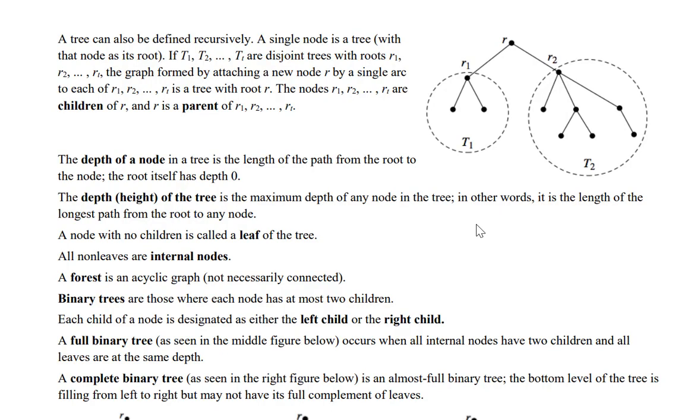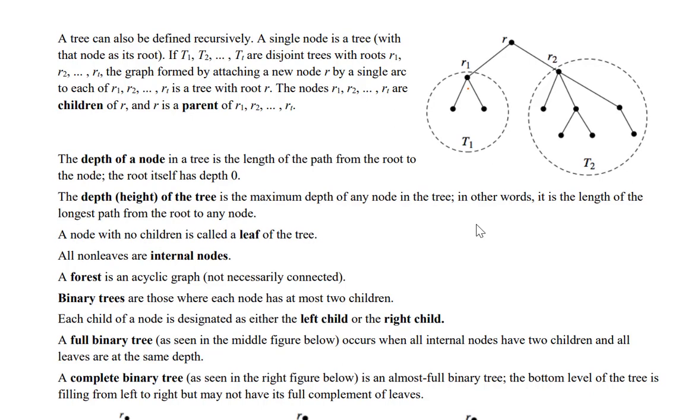So here a tree can also be defined recursively. If you remember, in chapter 3 we covered recursive functions. So a single node is a tree. So for example, this cluster here is a tree by itself and this will be the node for it. Right here, and another cluster which has another tree as well, and you could have a nested one and one here and so on.